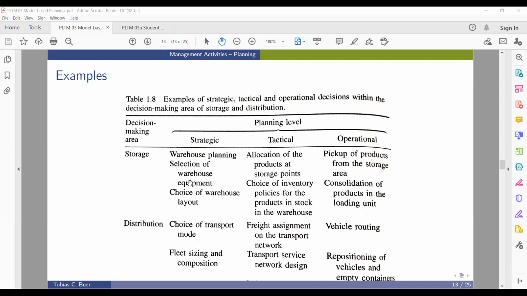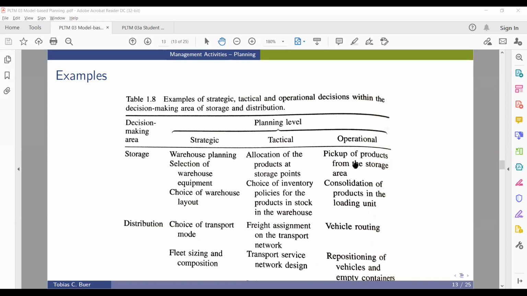On the other hand, operational decisions, pickup of products from the storage area. So which products should be picked by which person, by which robot, by which entity or whatever. This is a very short-term and operational decision based on the actual data. We have an actual customer order and we need to pick this item.